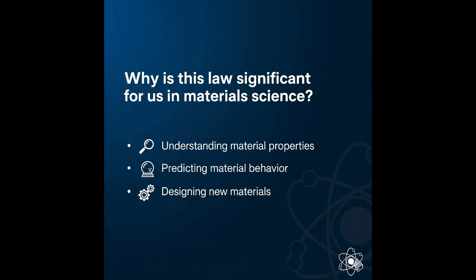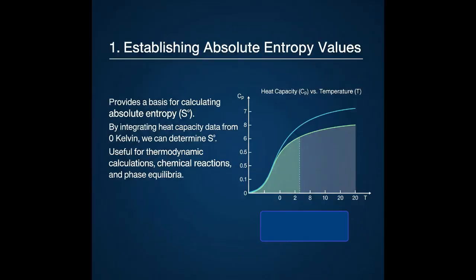Here we are going to highlight the significance of the third law. Why is this law significant for us in material science? The first significance: establishing absolute entropy values. Unlike internal energy or enthalpy, for which we typically calculate changes, delta U and delta H, the third law provides a basis for calculating absolute entropy values for substances at any given temperature.